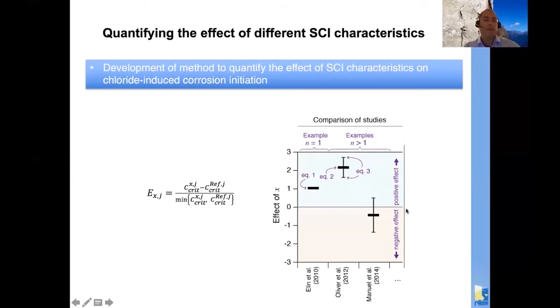A positive effect would mean that a certain feature at the steel-concrete interface actually increases the resistance against corrosion, while a negative effect means that this feature makes it easier, or more susceptible, for corrosion to initiate.